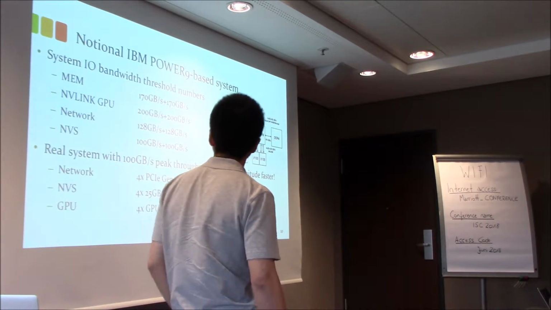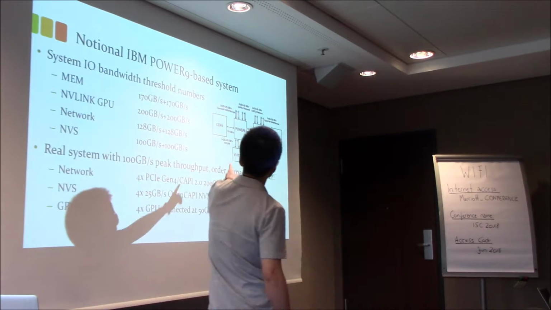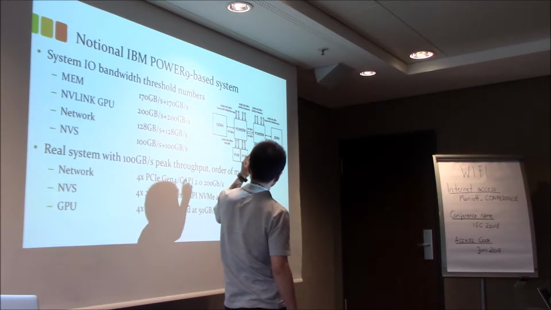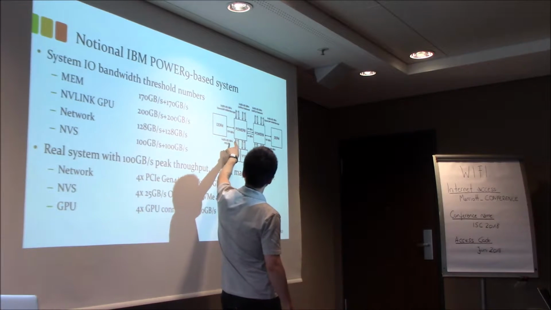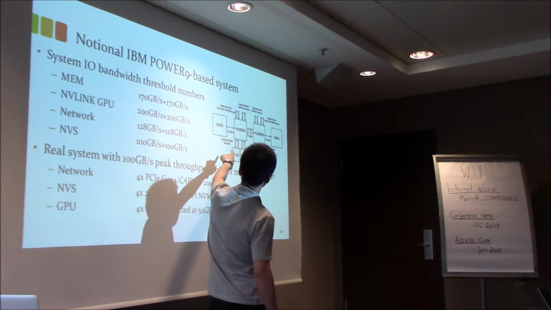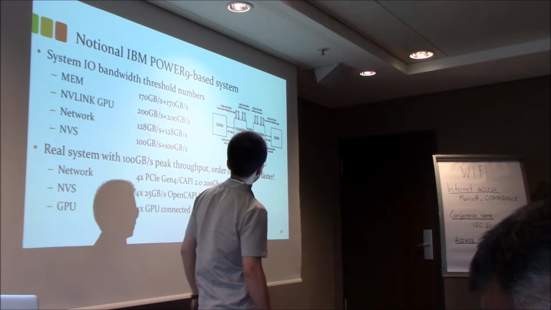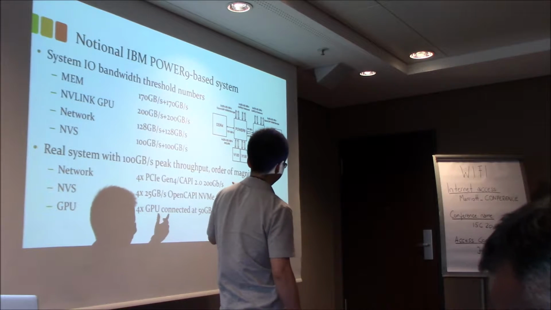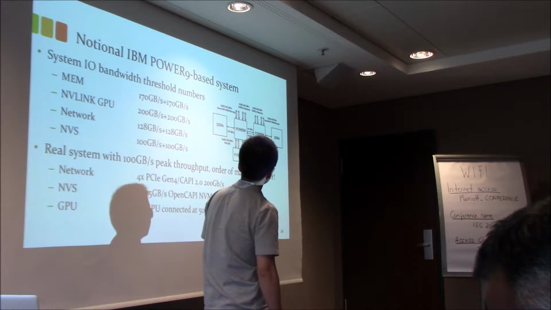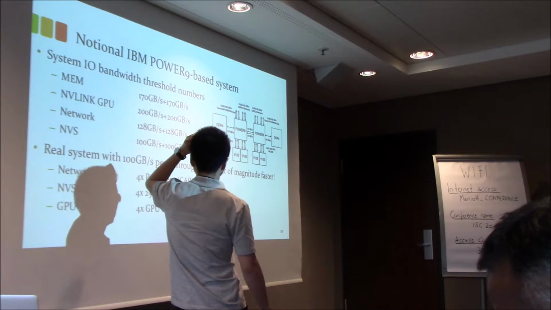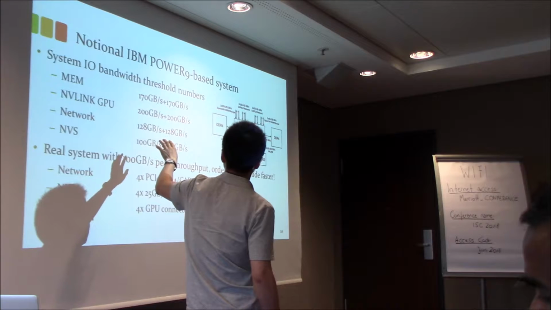Now this is a notional IBM Power-based system. All the nominal I/O bandwidth has been listed here. Let's look at the left socket. The CPU to memory bandwidth is 170 gigabytes per second, and to the Volta GPU, it is in total 200 gigabytes in a single direction.